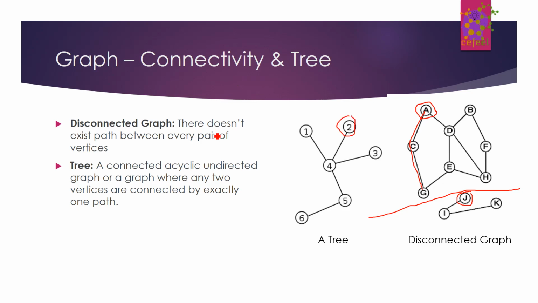You pick any two vertices, there is only a single path. In this case, vertex 2 and 6, the path is from 6 to 5, 5 to 4, and 4 to 2. Similarly, there are no cycles. So when we say a graph, we normally mean an undirected, unweighted graph.